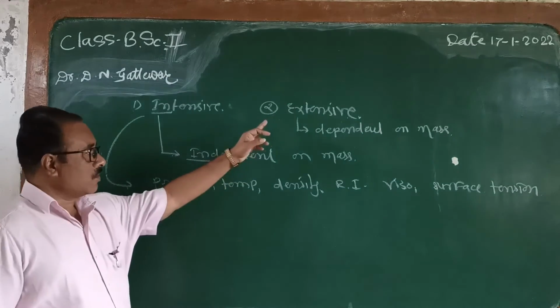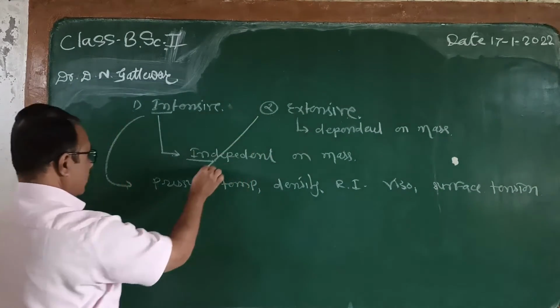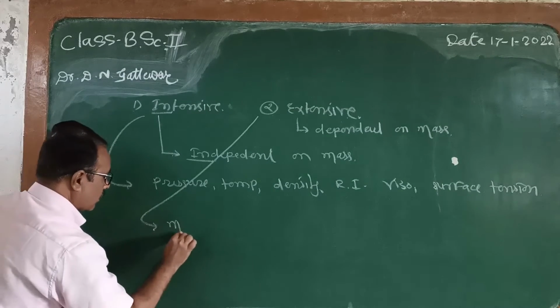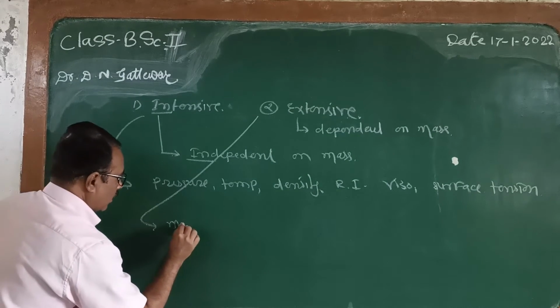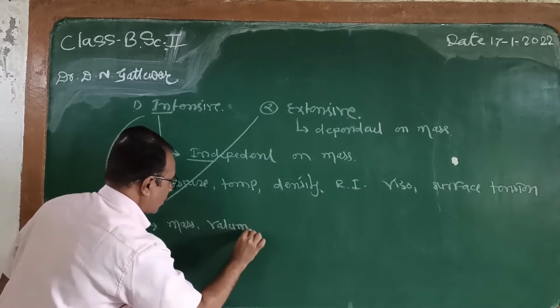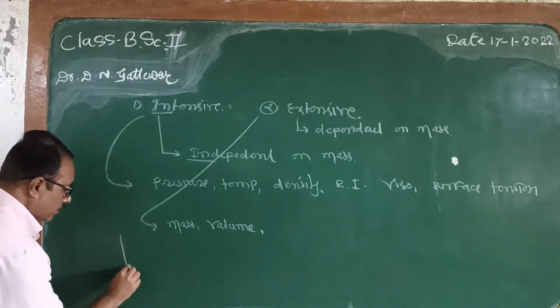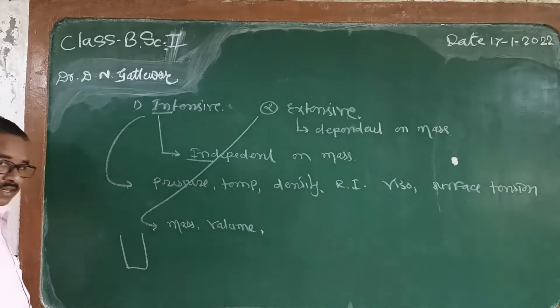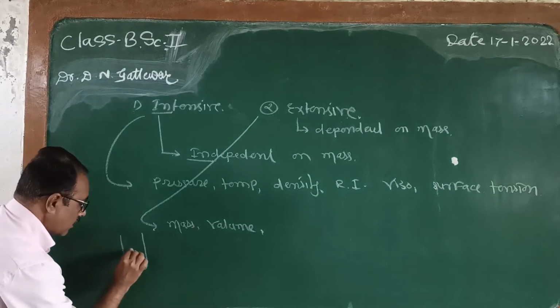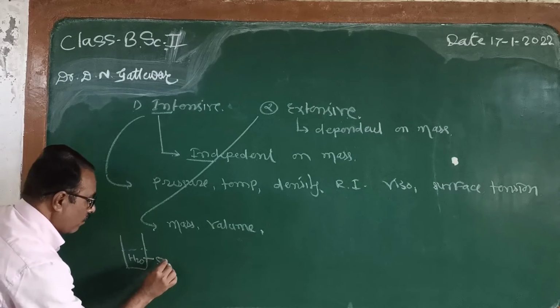Then the examples of the extensive properties: mass and volume. For example, suppose this is a beaker with water, and its volume is 50 ml.